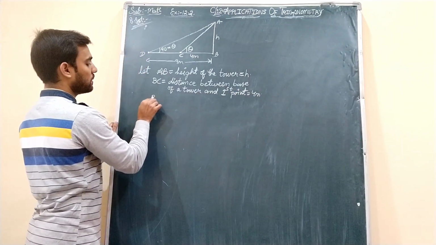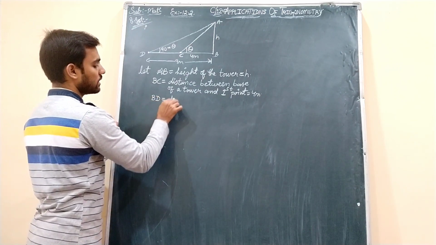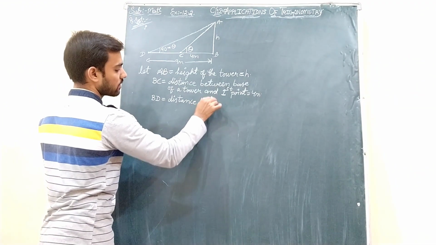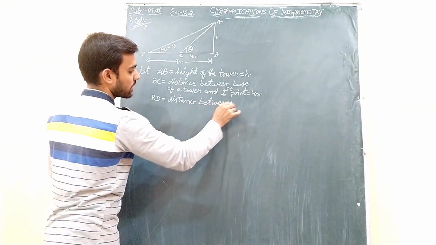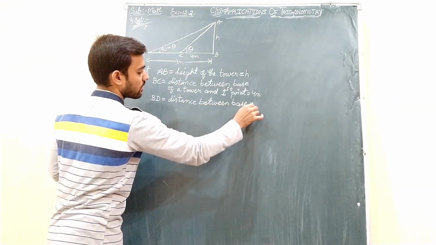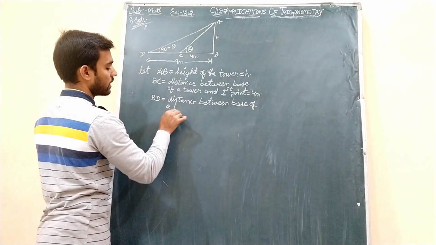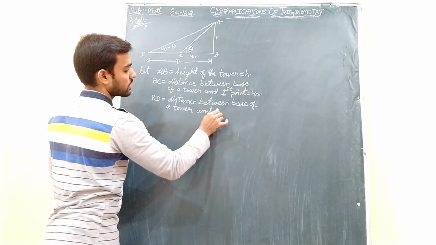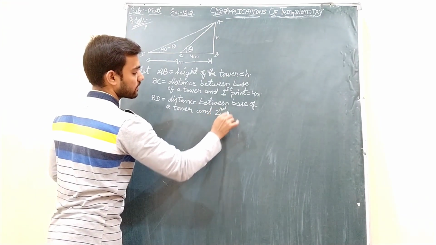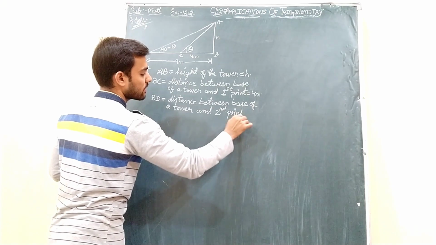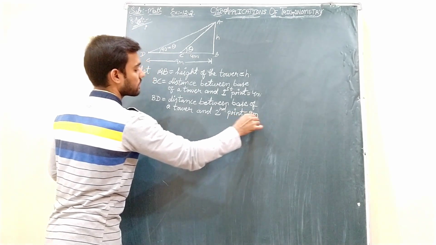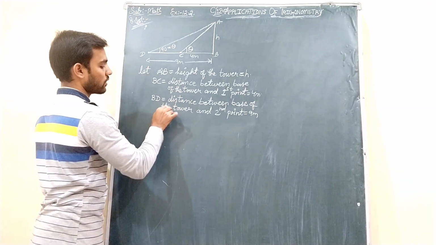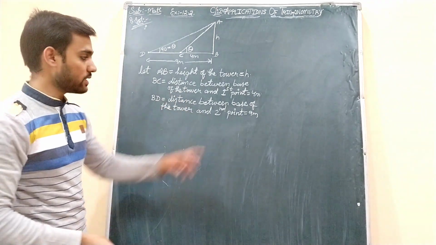And BD is the distance between the base of the tower and the second point, that is 9 meters. Base of the tower and second point is 9 meters.